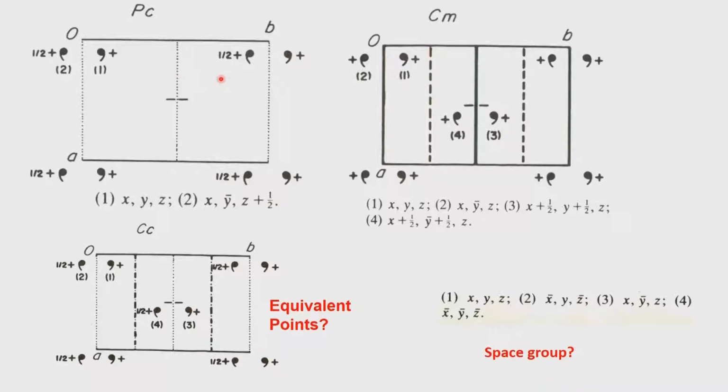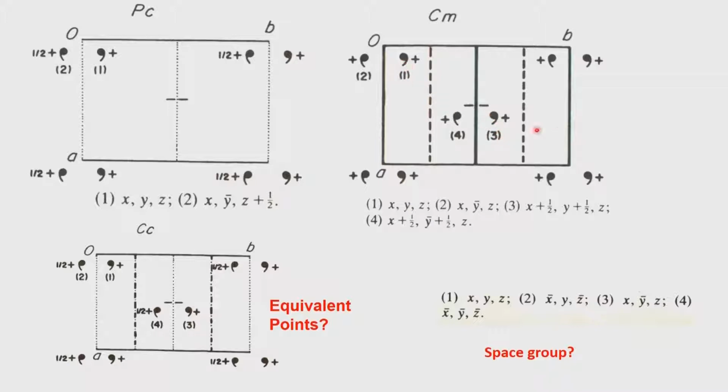Next we go to the mirror symmetry, but now we will change the lattice type to C. So, now it is a C-centered lattice in a monoclinic system. That means for every point x, y, z, you have a point at half plus x, half plus y, z. So, if your object is up here, you have a corresponding point at x plus half, y plus half, z, which is shown as number 3 here.